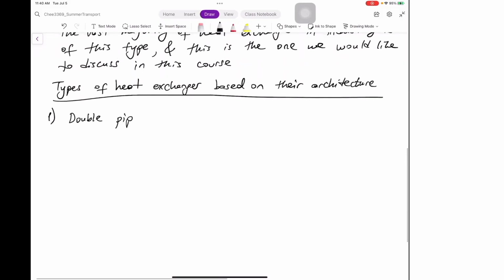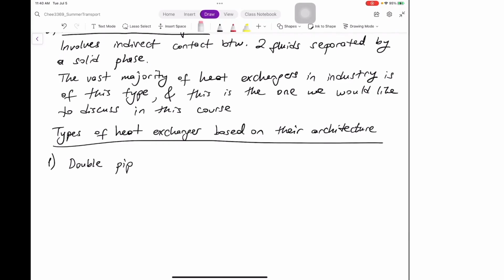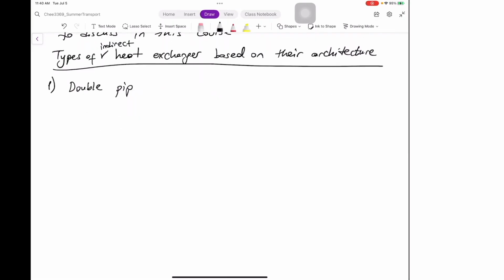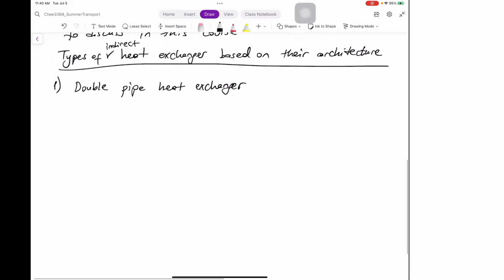So basically, let's say type of indirect. Okay. Double pipe heat exchanger. And they can be either co-current or counter-current.